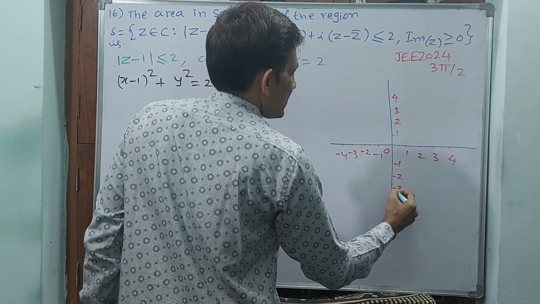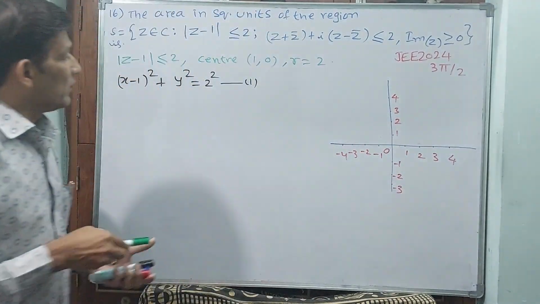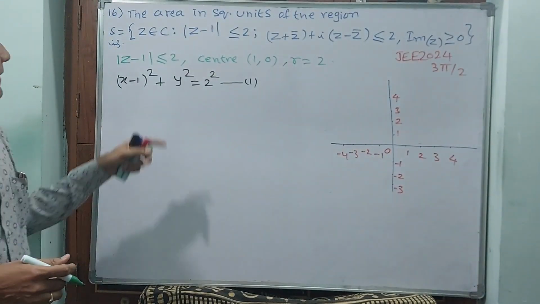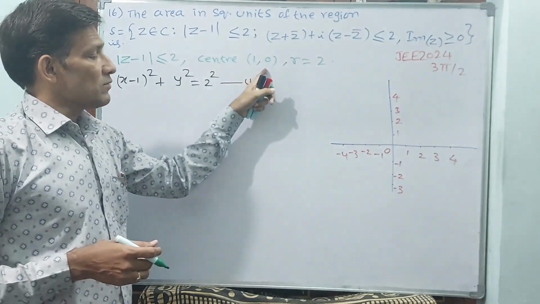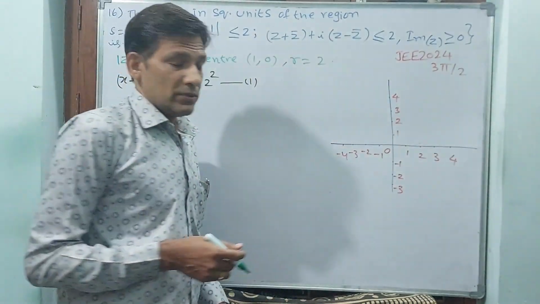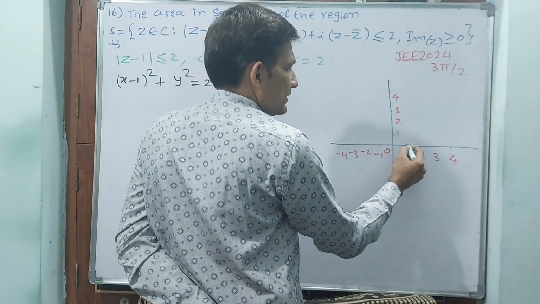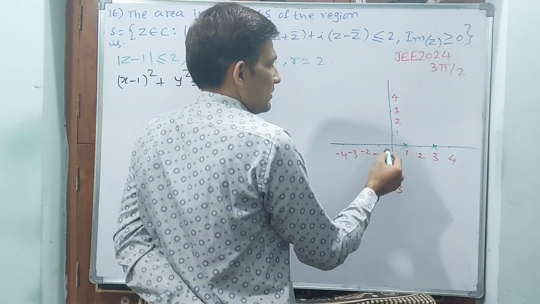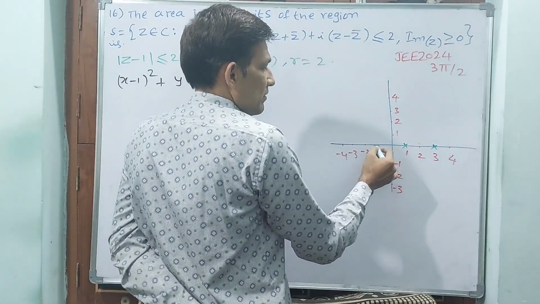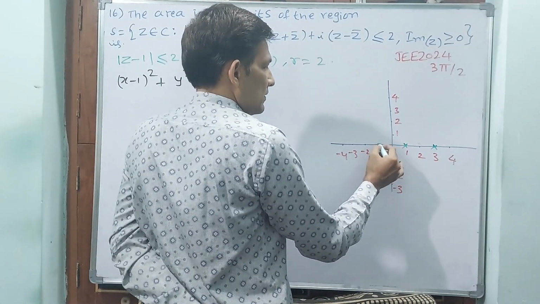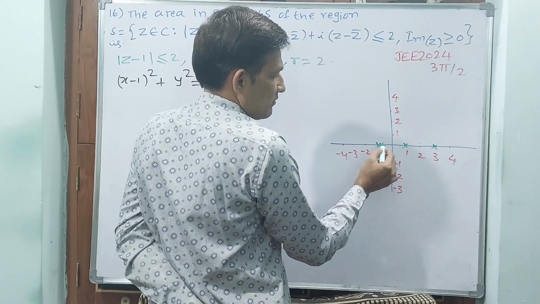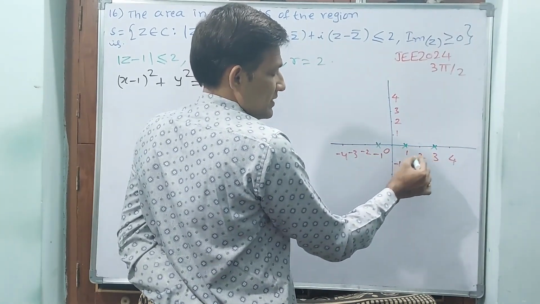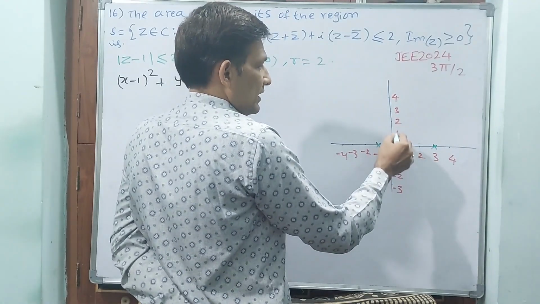Okay, let us see what will happen. The center is (1, 0) and the radius is 2. Center (1, 0) means here. Radius is 2, so 2 means here, 3. Here, minus 1. Why? Because from minus 1 to 0, 0 to 1 is radius 2. 1 to 2, 2 to 3 is radius 2. This is the circle.